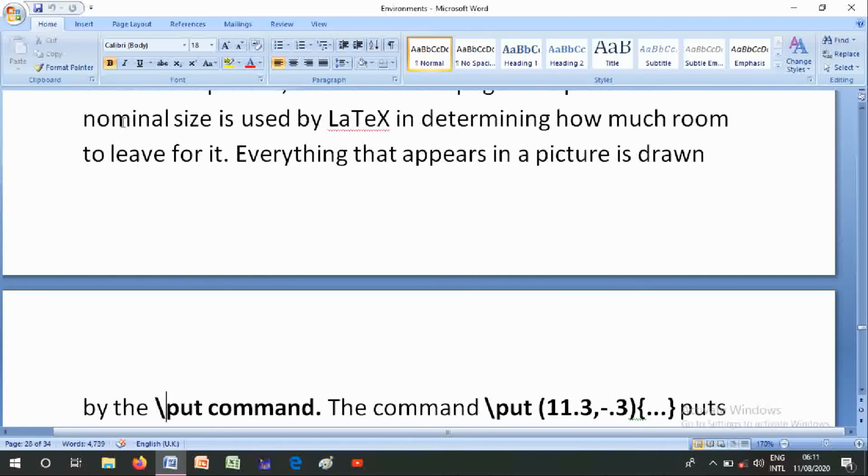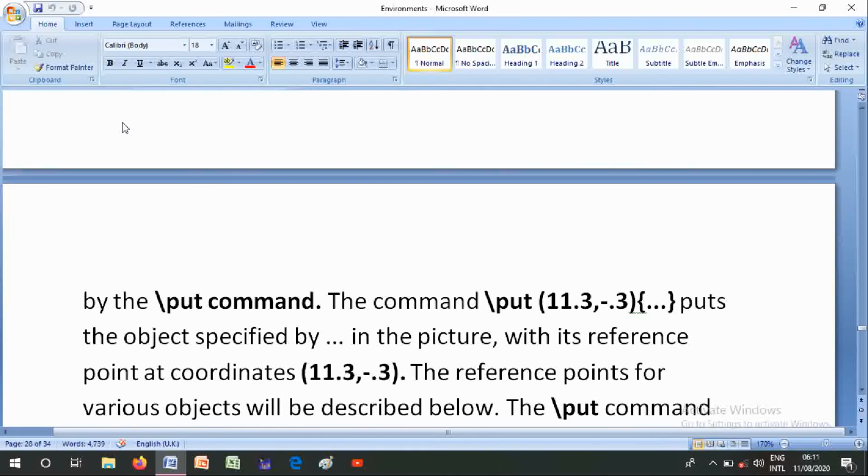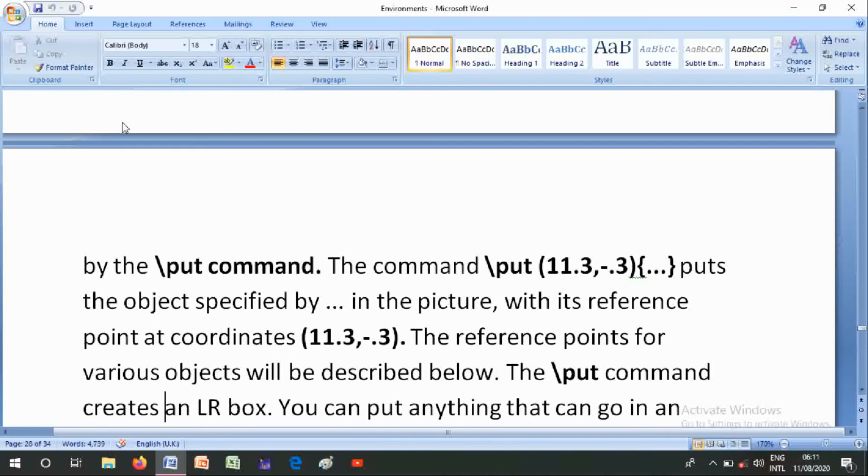Everything that appears in a picture is drawn by the \put command. The command \put(11.3,-.3){...} puts the object specified by the curly brackets in the picture, with its reference point at coordinates (11.3,-.3).